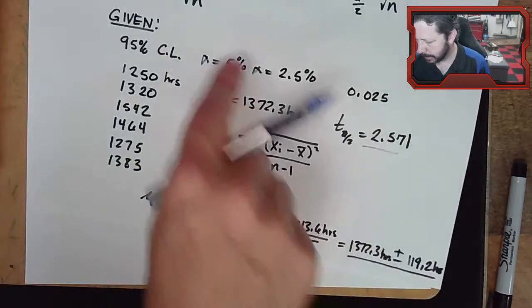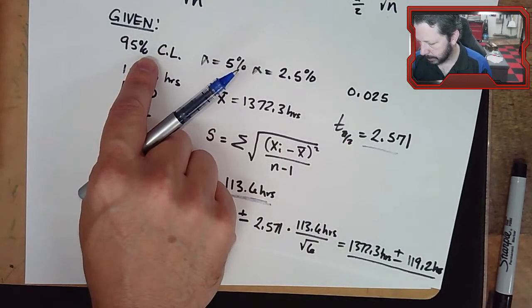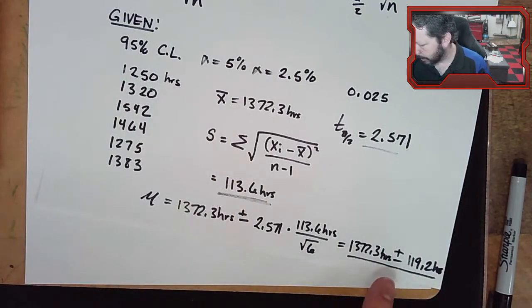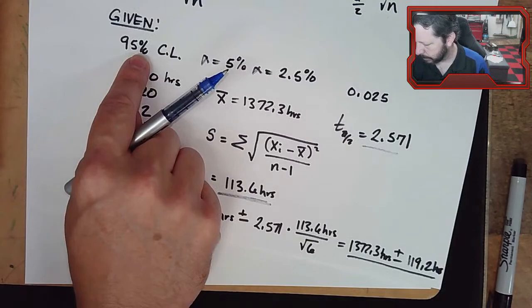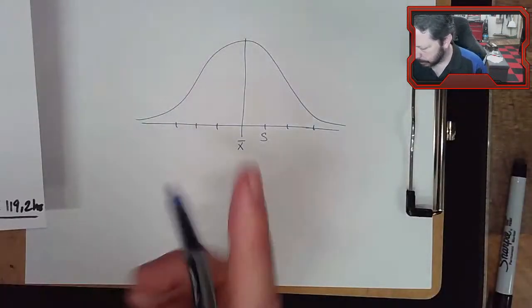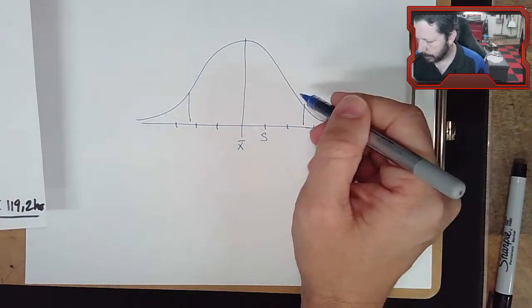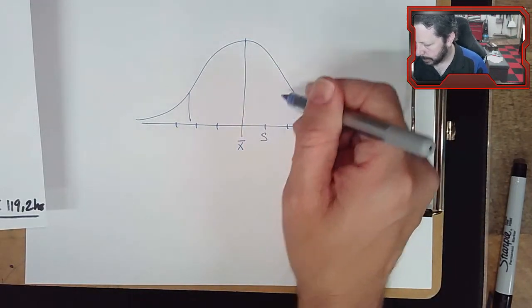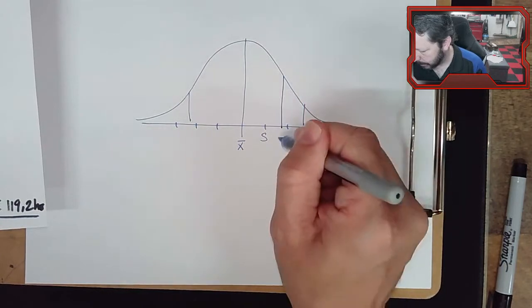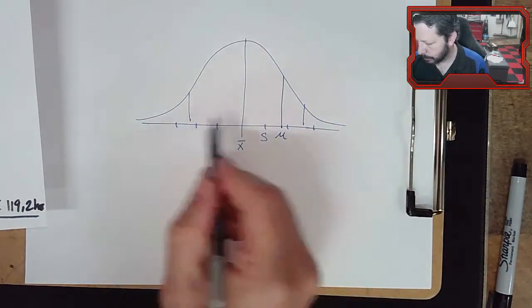And when we do this with the 95% confidence level, we're saying that there's some range of numbers around this mean that we are 95% sure the actual population mean is in that range somewhere.